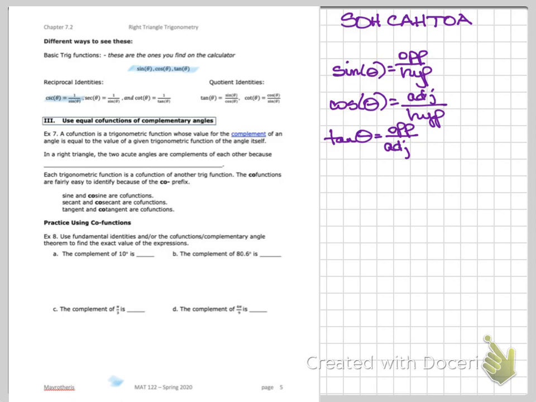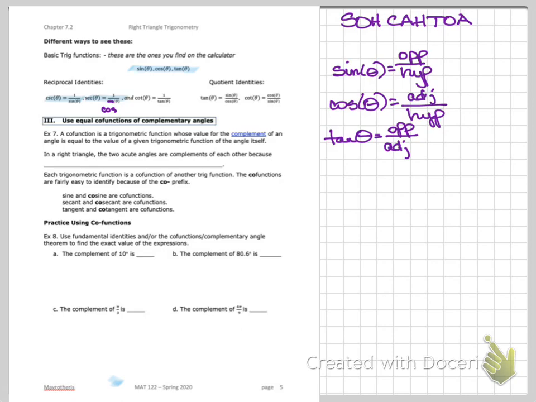So we've got the C in cosecant, the S in sine. Secant, and that should be cosine. Fix that. And then cotangent and tangent. I will try to get into the notes and change these up before I put them out to you. There's always a chance that I am going to space that.